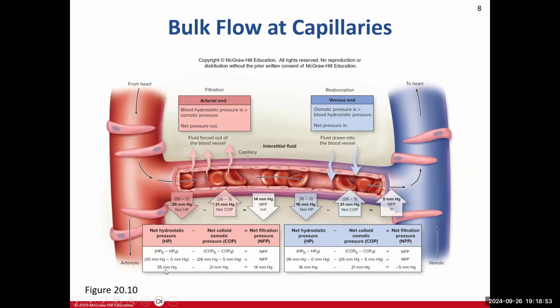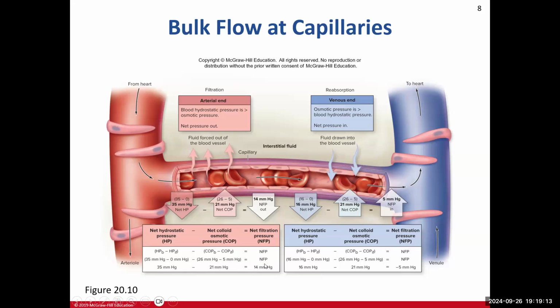You've got 35 millimeters of mercury, which is the net hydrostatic pressure. And all we're going to do now is take the difference of these two numbers, which is 14 millimeters of mercury. If it's a positive number, it will favor filtration.